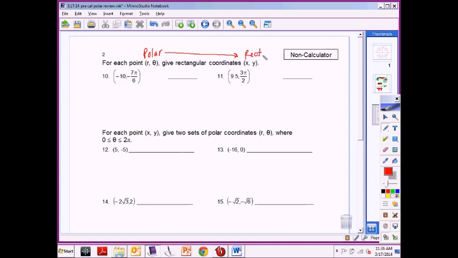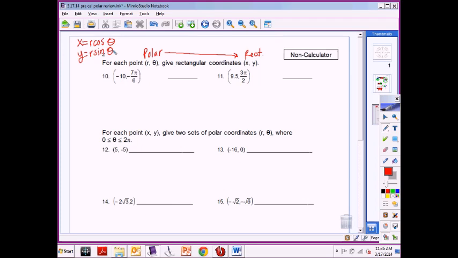No, it's x equals r times cosine theta and y equals r times sine theta. Okay? Those are the two formulas that I will be using to go from polar, when I have r and theta, to rectangular, when I have x and y.